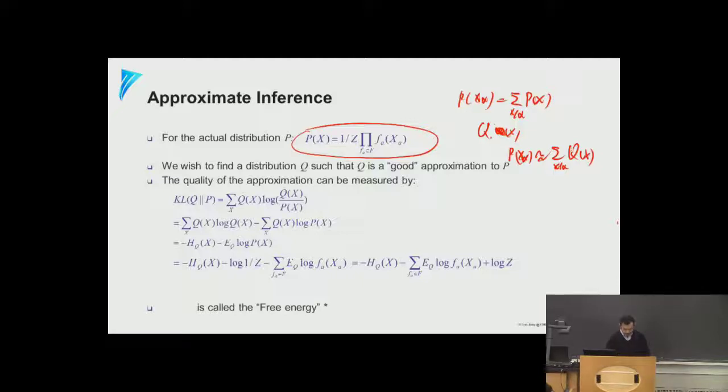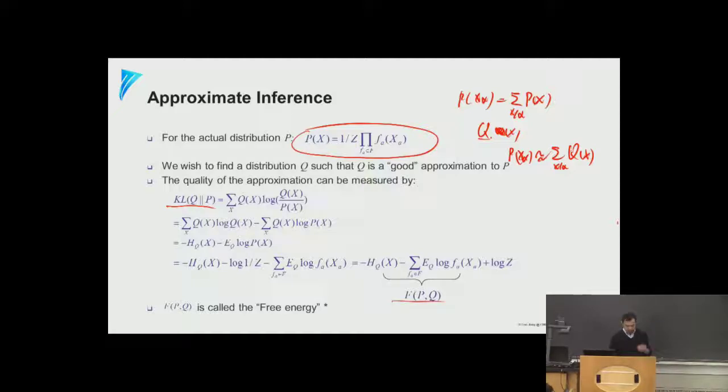Let's forget about what Q looks like for now. Just imagine such an approximation exists. Then to measure the quality of approximation, we introduce something called a KL divergence, which eventually leads to a term which is known as the free energy.